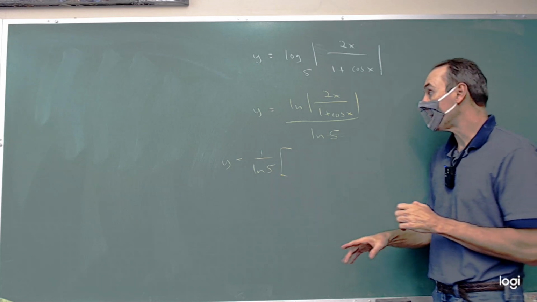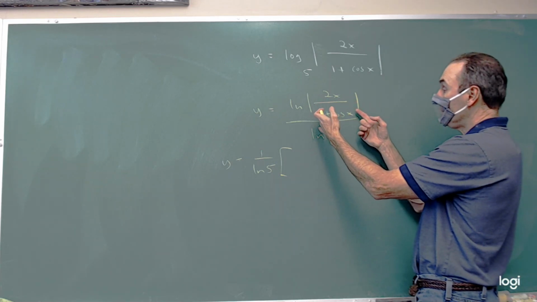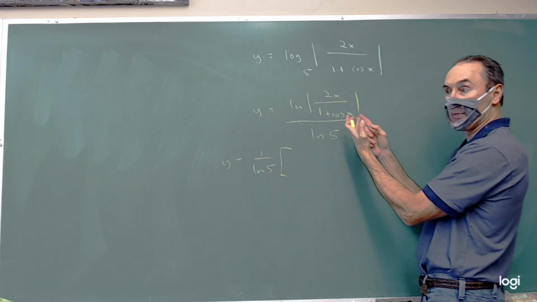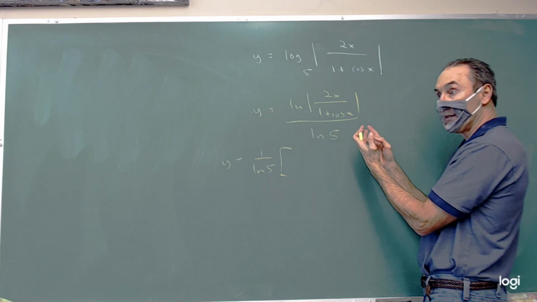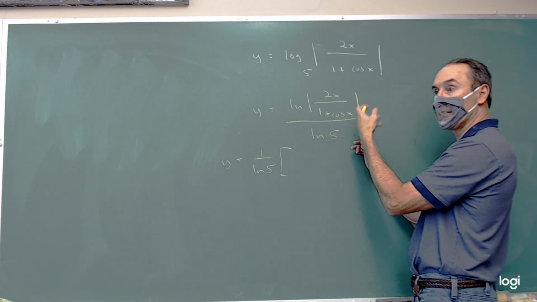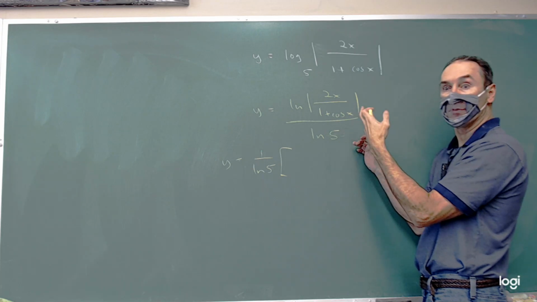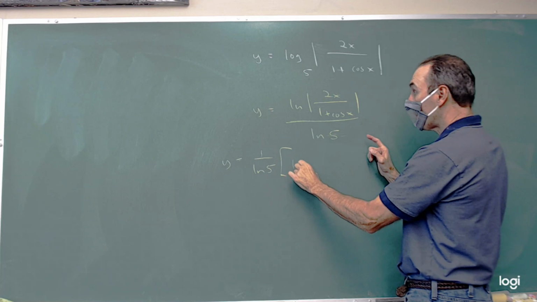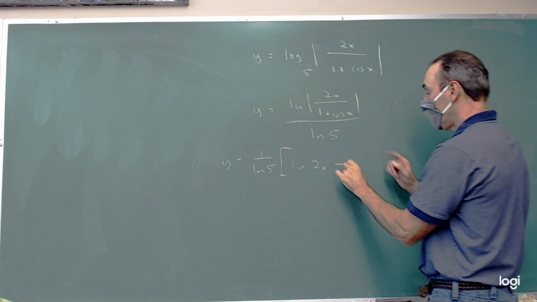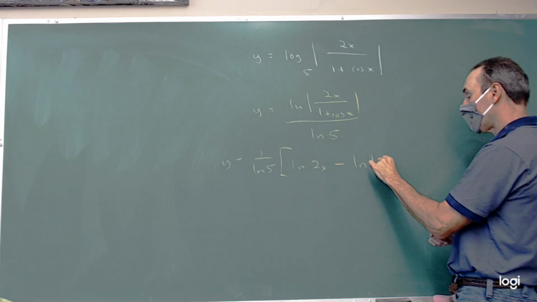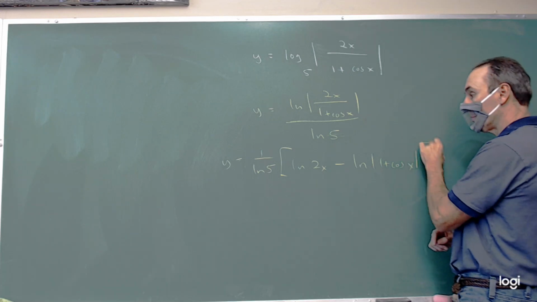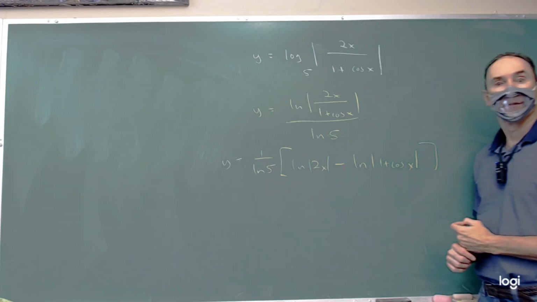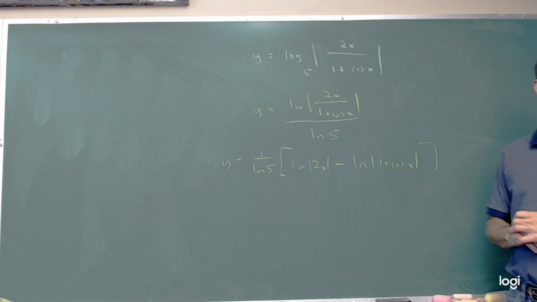It just hangs out. Now this logarithm, I wouldn't jump into differentiating right away, because then that becomes a complicated quotient rule, chain rule, all that kind of stuff thrown in at once. Instead, use your property of logarithms and separate that out into the difference of the 2 logs.